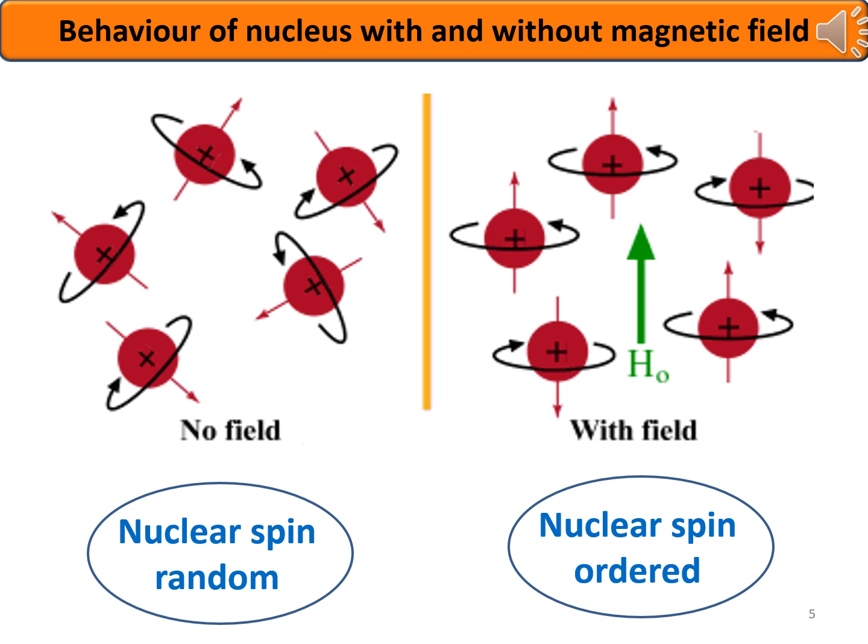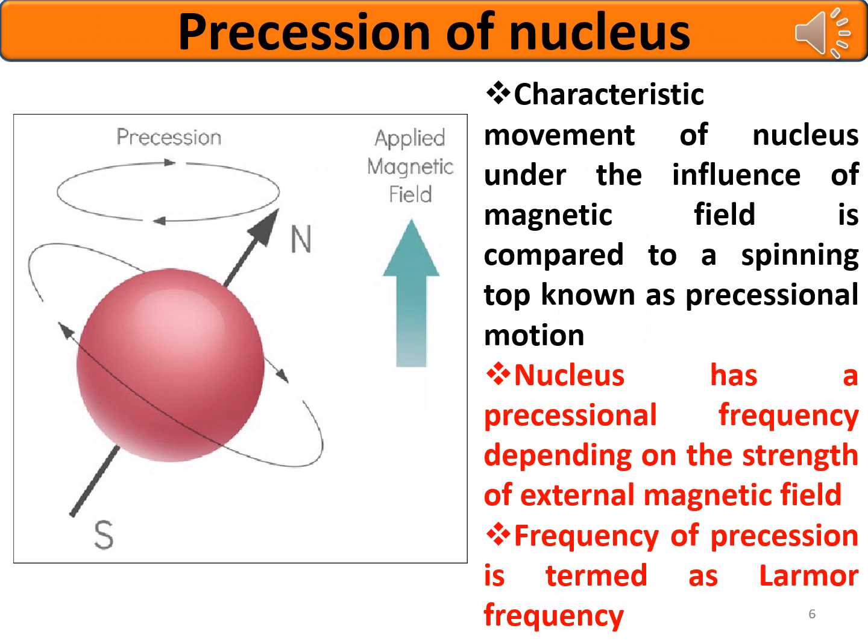In the absence of an external magnetic field, the nuclear spins are randomly arranged. But when such a nucleus is placed in an external magnetic field, all the nuclear spins are ordered in a particular direction. The movement of a nucleus in an applied magnetic field is known as the precessional motion.